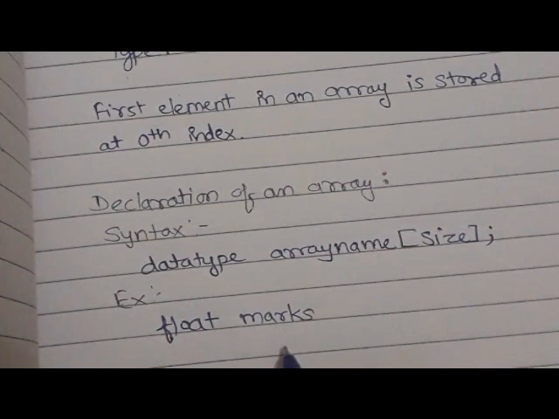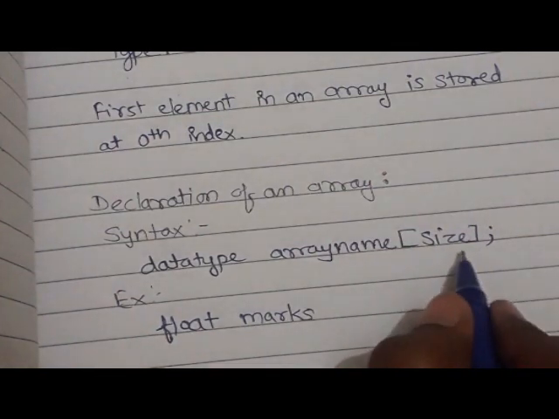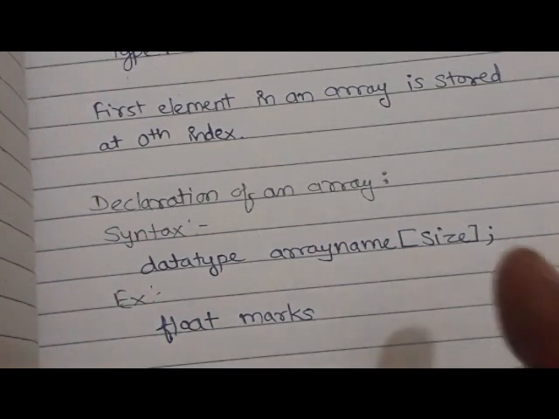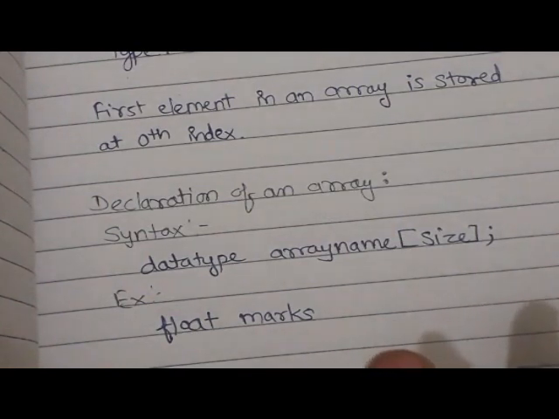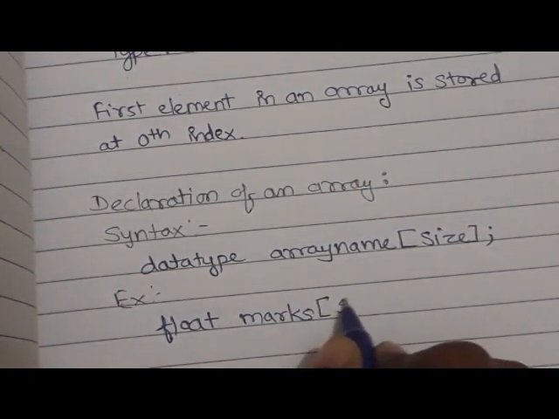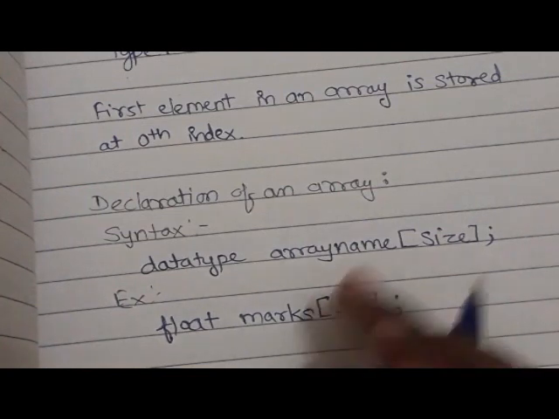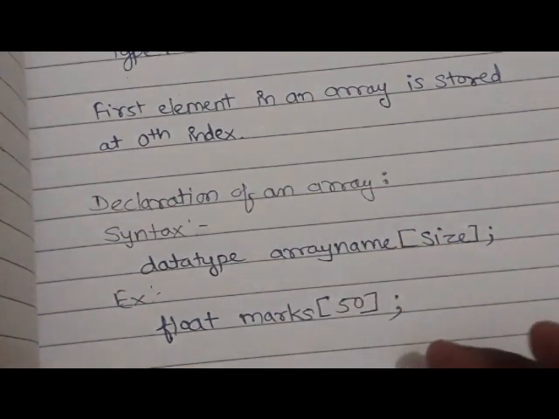So float marks. With this we have to mention its size. What is the size of our array? We have to declare an array which can hold 50 values, so the size of the array will be 50. Within the square brackets we write 50, then at the last we write a semicolon. In this way we can declare an array.